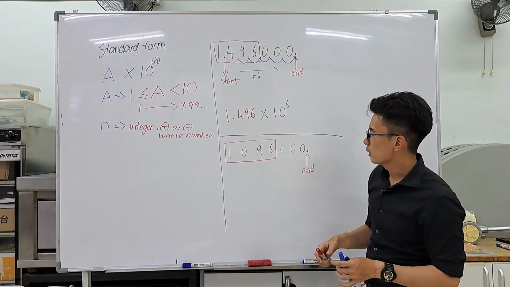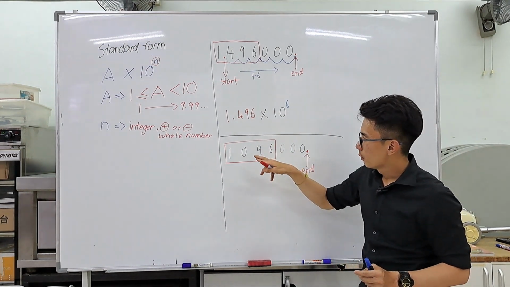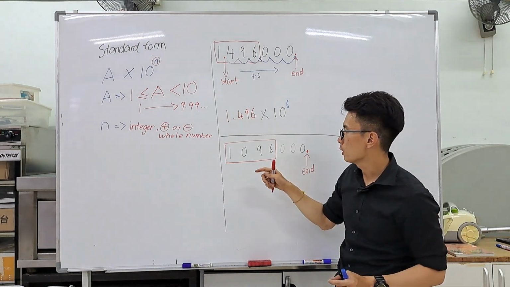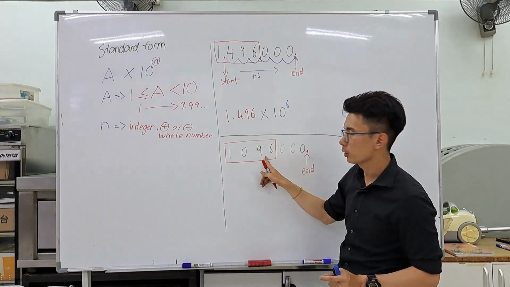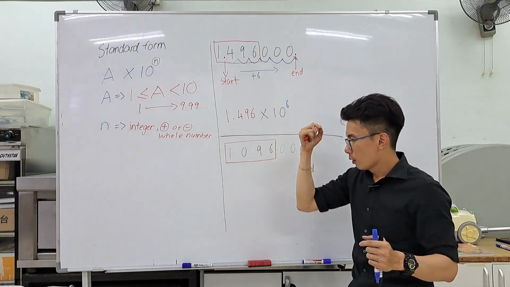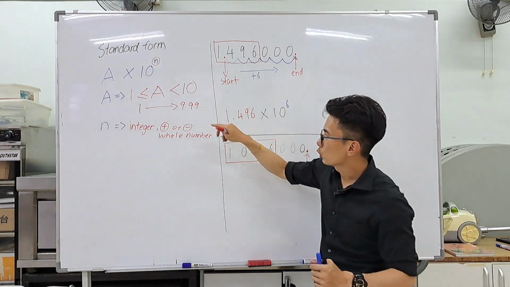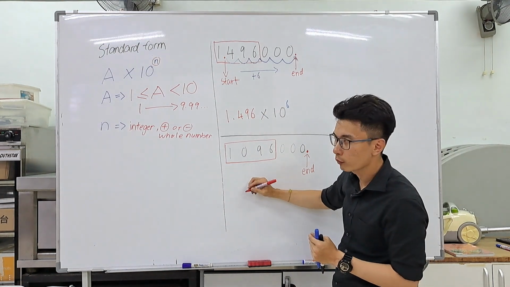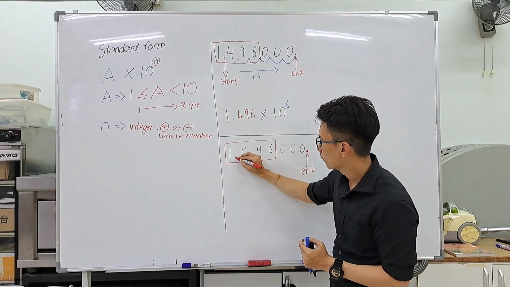Now, the next thing is we need to choose which location I should put my decimal point. So should it be here, here, here, or here? Regardless, remember that our A must always satisfy this range. So in this case, the correct location for the decimal point will be here.